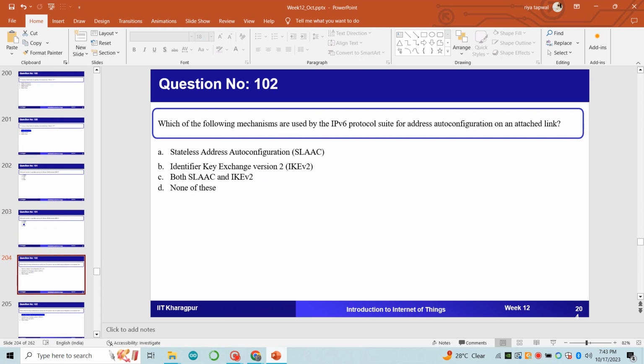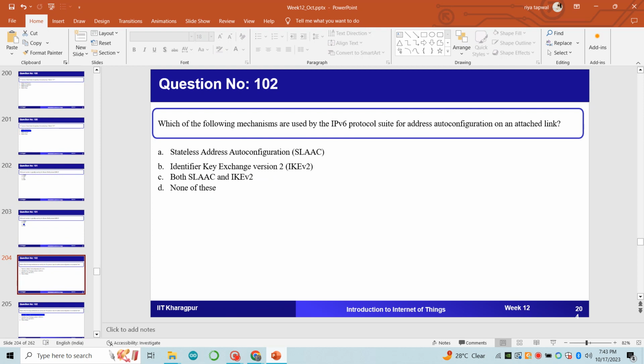Next question is, which of the following mechanisms are used by IPv6 protocol suite for address auto configuration on attached link? Options are Slack, IKEv1, IKEv2, both Slack and IKEv2, none of these. Ma'am, both. Anyone else?